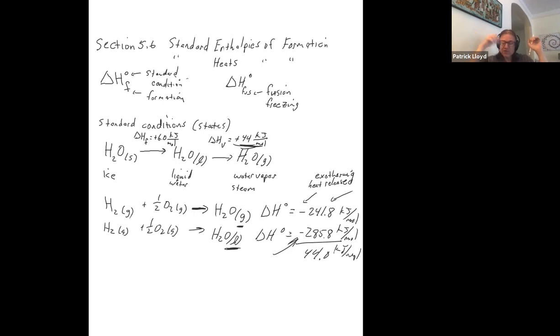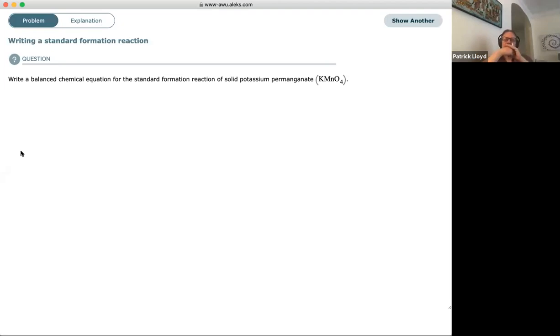Okay, so let's take a look at the first step in this. It's called writing standard enthalpies of formation equations. And so let me show you the first one. Write a balanced chemical equation for the standard formation reaction of solid potassium permanganate.